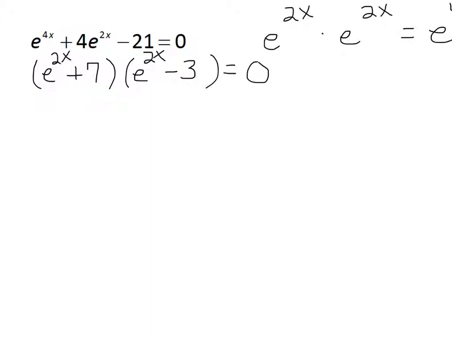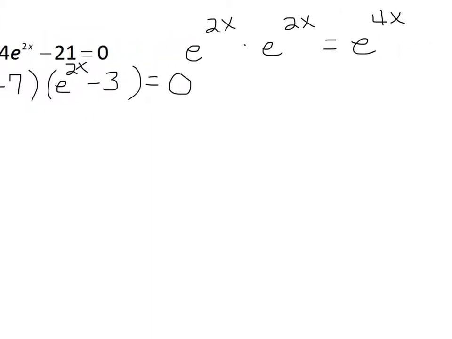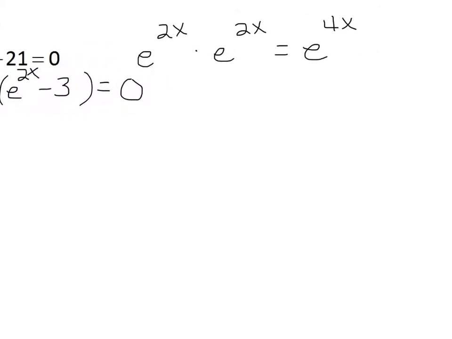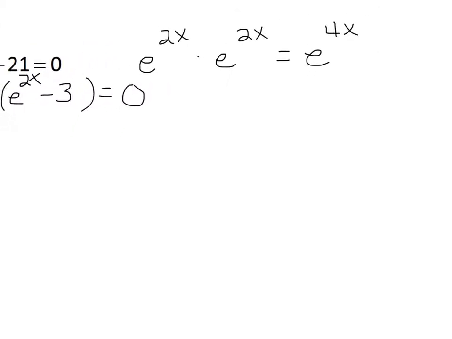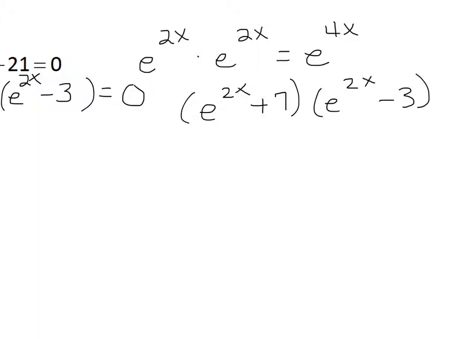Now you can always go to the side and test and be sure that this really does work. So let's do that. e to the 2x plus 7 times e to the 2x minus 3. So we would FOIL that first.